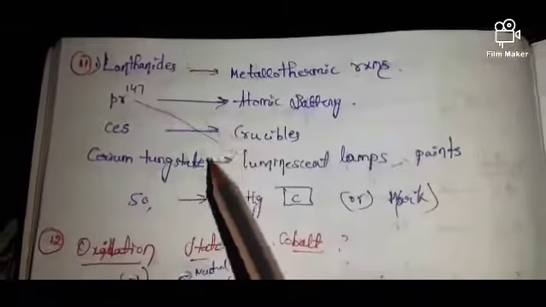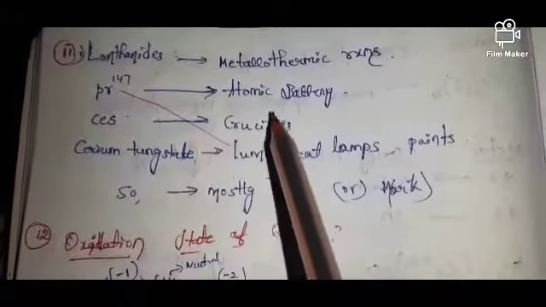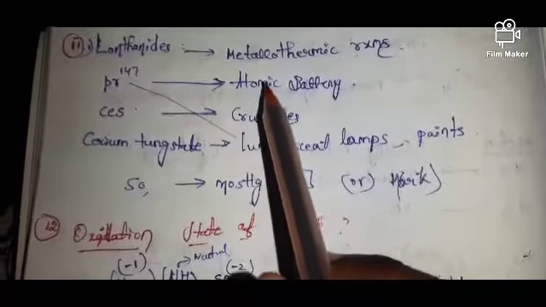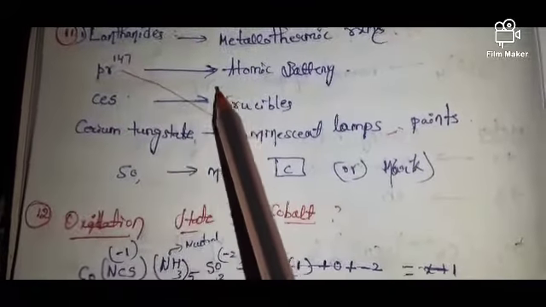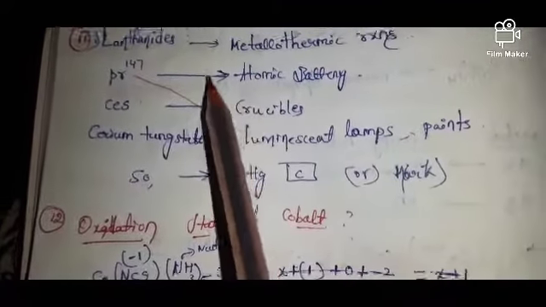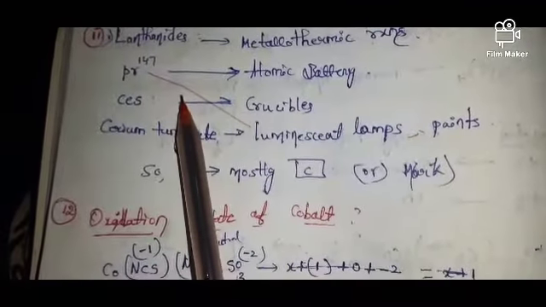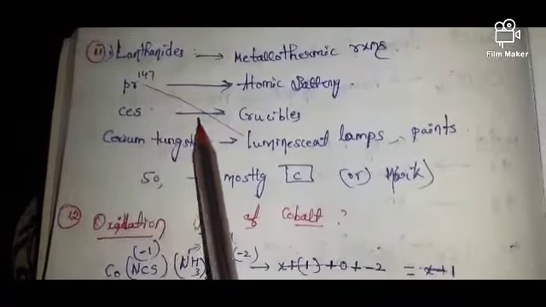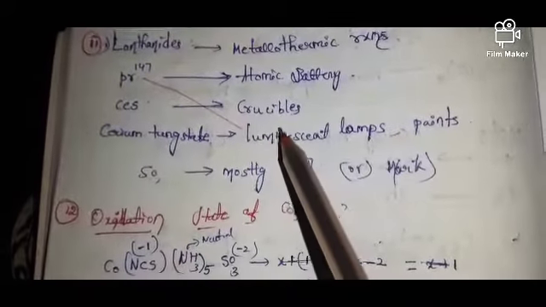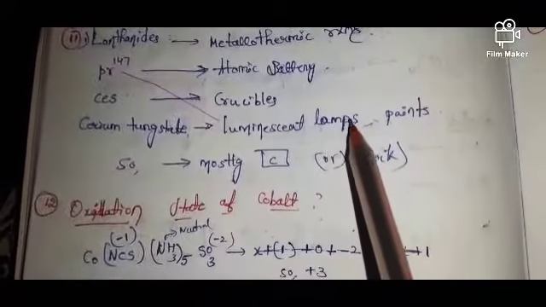Okay, next. Lanthanoids mostly show metallothermic reactions. Promethium-147 is used in atomic batteries, and sometimes also in luminescent lamps, paints, like that. Next, cerium sulfide is used in making crucibles or dishes. Next, cerium tungsten, luminescent lamps, paints.